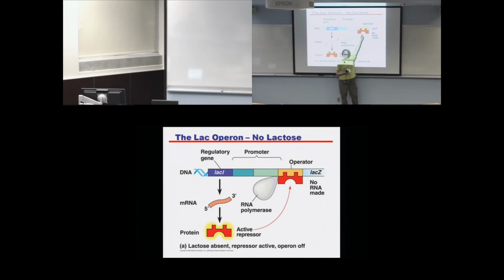This massive protein is sitting there and keeping RNA polymerase from reading through and making a messenger RNA copy that can be then translated into protein. So if there's no lactose, then this thing is going to bind there, and we won't get beta-galactosidase or permease or that other one, transacetylase. Okay? All right. Sounds good. Straightforward.